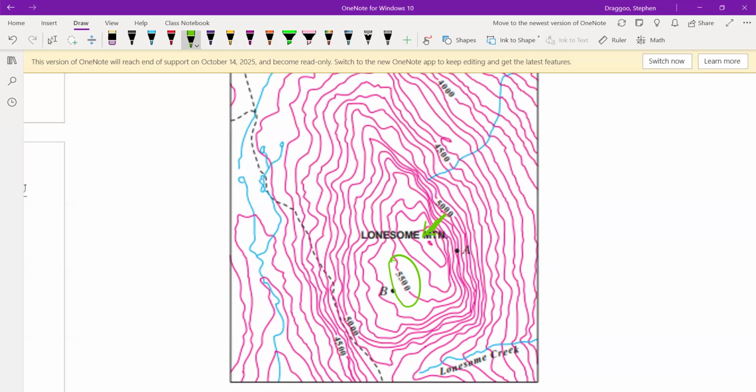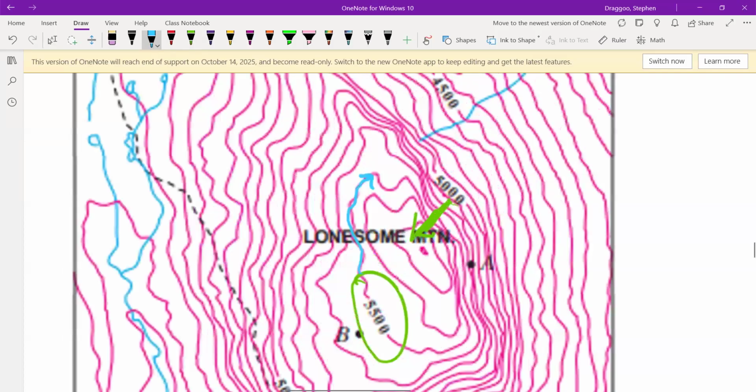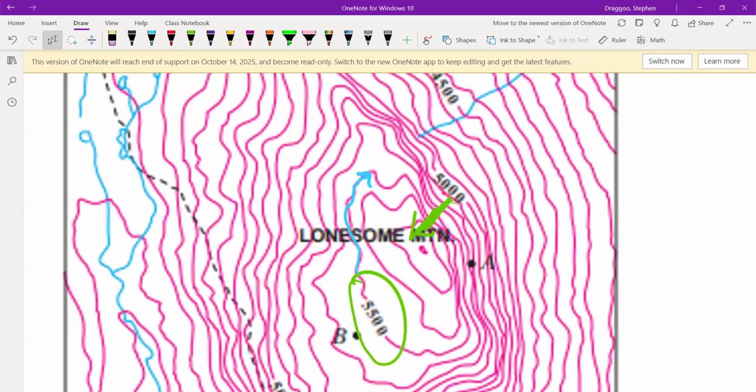But if I were to stay along one of these contour lines, right? If I just traversed directly along the line that was drawn on there, that means I'm staying at, in this case, an elevation of exactly 5,500 feet. So walking along the contour line means my elevation doesn't change at all.